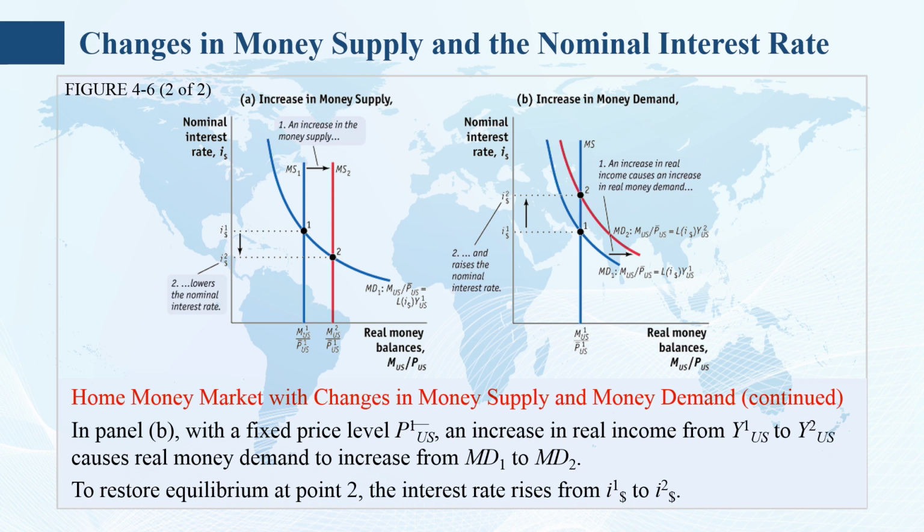To restore equilibrium at point 2, the interest rate is raised from I1 to I2. To sum up, in the short run, all else equal, an increase in a country's real income will raise the country's nominal interest rate. A decrease in a country's real income will lower the country's nominal interest rate.